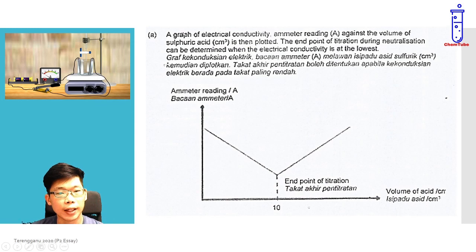A graph of the electrical conductivity, ammeter reading against the volume of the sulfuric acid, is then plotted. The end point of the titration during the neutralization can be determined when the electrical conductivity is the lowest. So if you see here, this point is the end point.